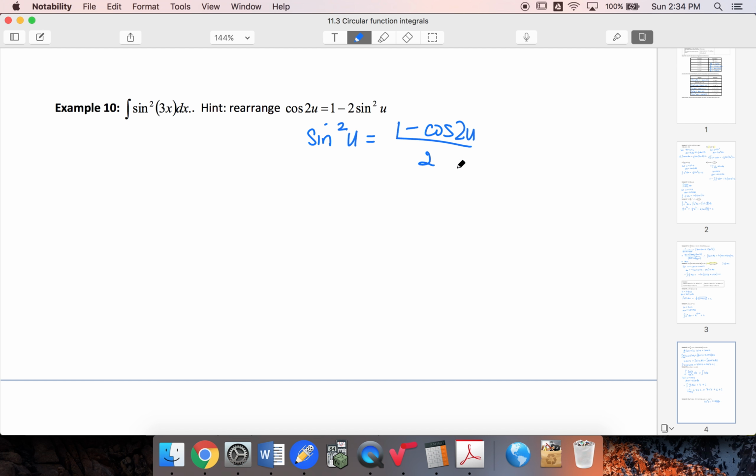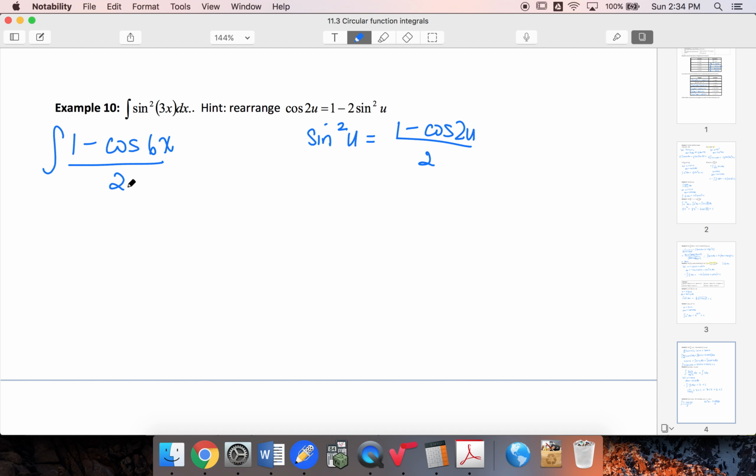divided by 2. All right, so if I think about sine squared 3x, this I can rearrange as the integral of 1 minus cosine of 2 times 3x, that's going to be 6x, over 2.